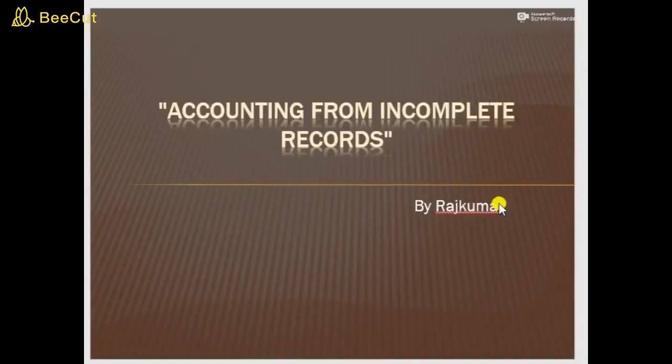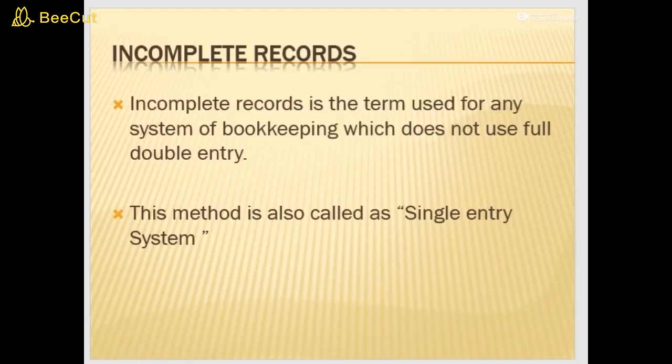Today we are going to learn a very interesting topic named accounting from incomplete records. Before we start this topic, let us understand what we mean by incomplete records. Incomplete record is a term used for any system of bookkeeping which does not have full double entry.